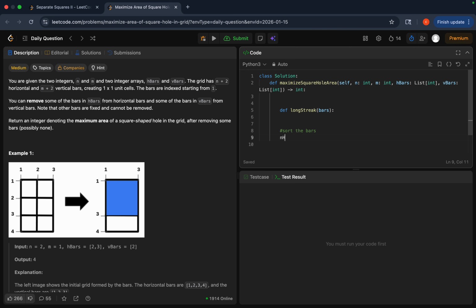So h bars sort, and the next one is v bars dot sort.